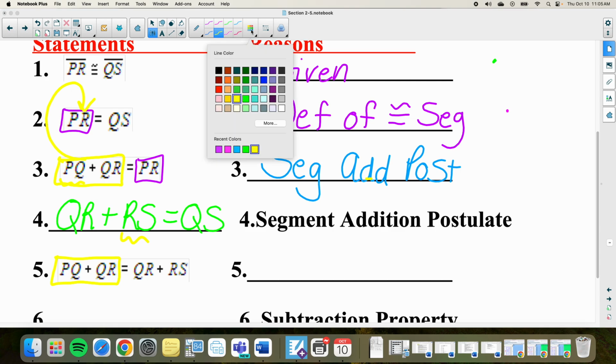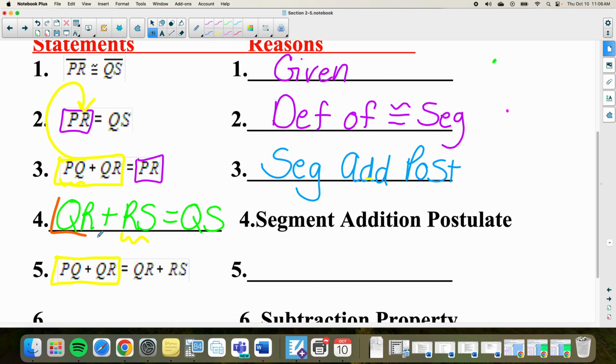Now, if we look, we also have that QS equals this orange box, okay? And we have a QS here and we have a QS here. So if QS is equal to that orange box, I can pull out the QS from step 2 and I can put this orange box in for QS, and that is what they did right here, okay?